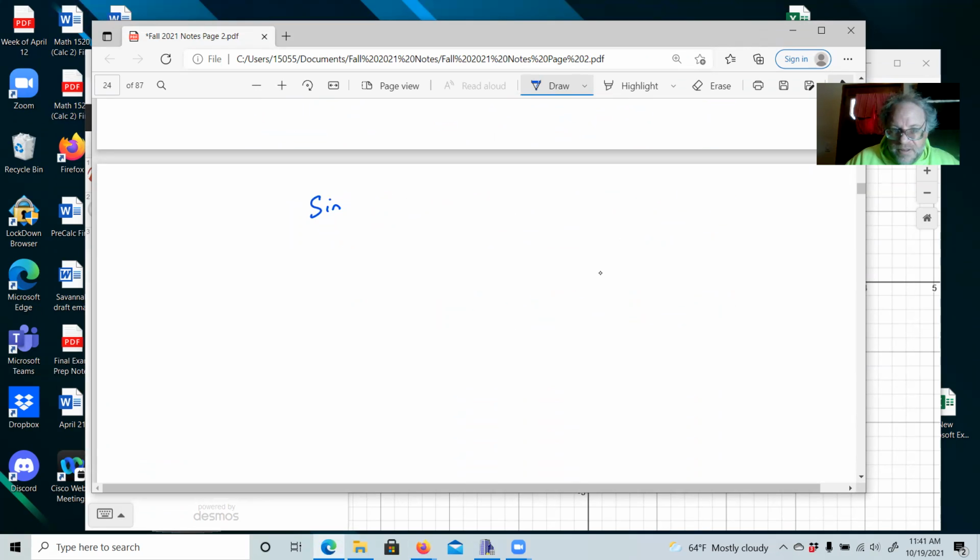Sine of 5 pi over 4. So again, here's 4 pi over 4, here's 5 pi over 4. For reference angles, how much more do I have to go to get back to a horizontal? It's pi over 4. So the sine of pi over 4 is square root of 2 over 2, but it's in the third quadrant, so negative.